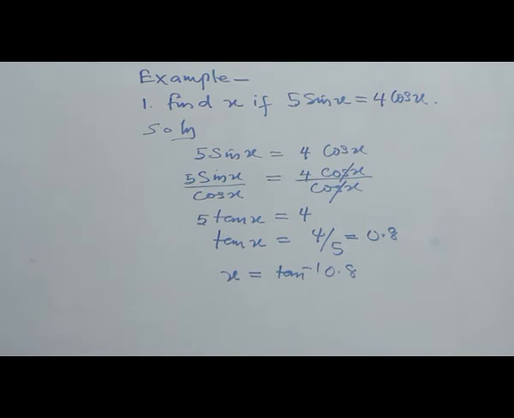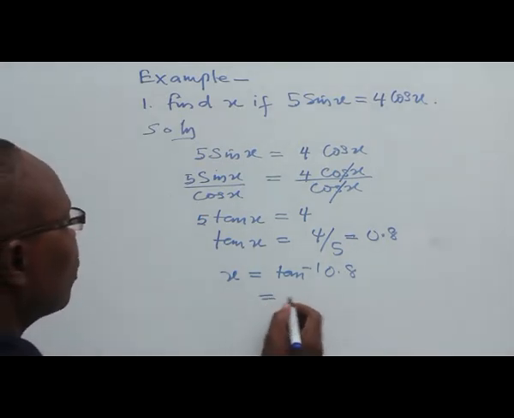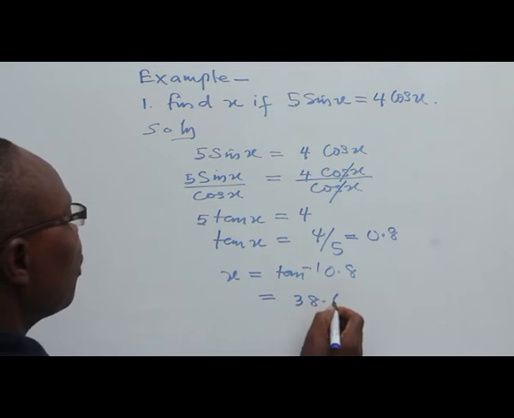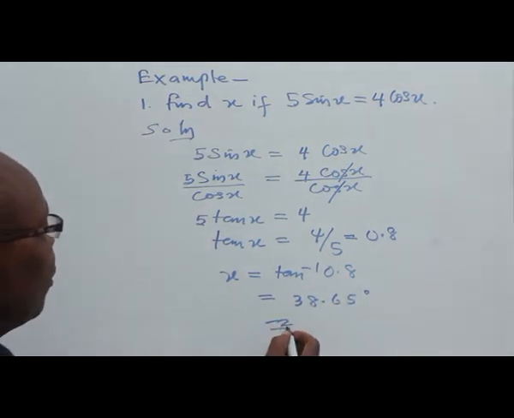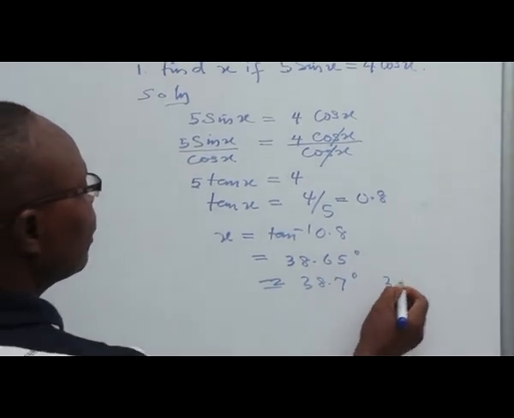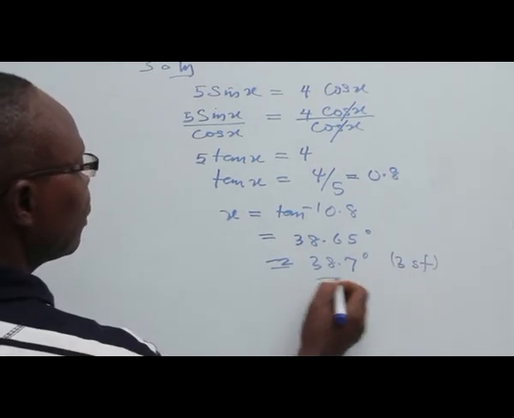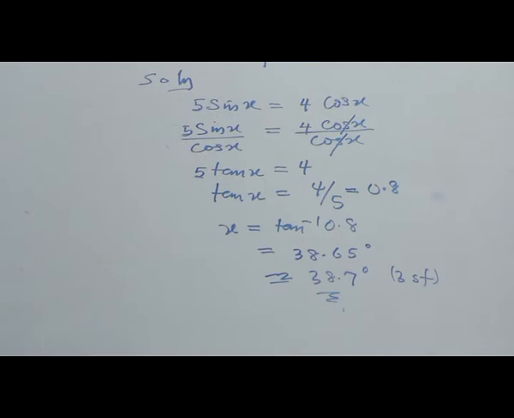So we do that. We have arc tan 0.8 will be equal to 38.65. So this is equal to 38.65 degrees. And we can correct this to 38.7 degrees, 3 significant figures. And that is the value of s as far as this case is concerned.